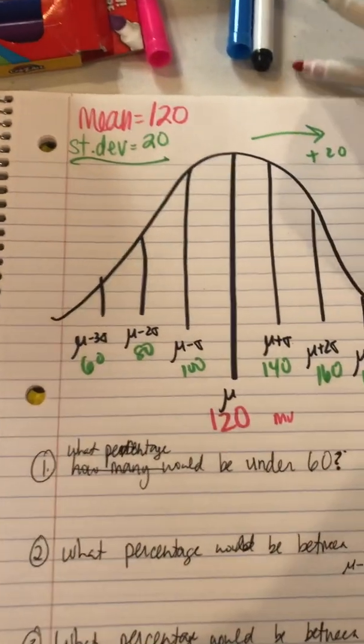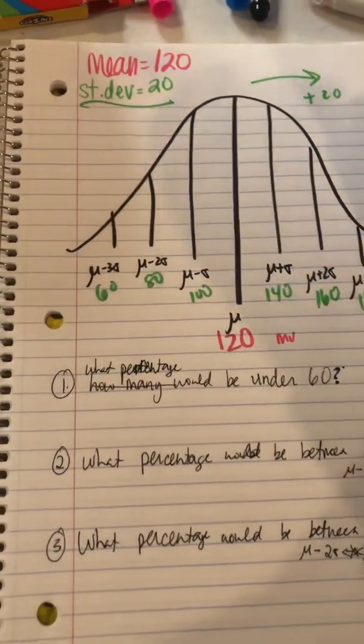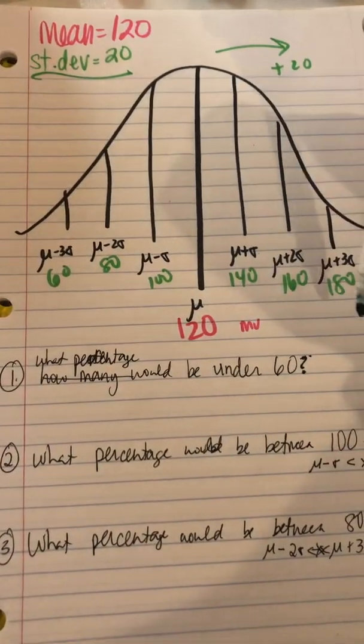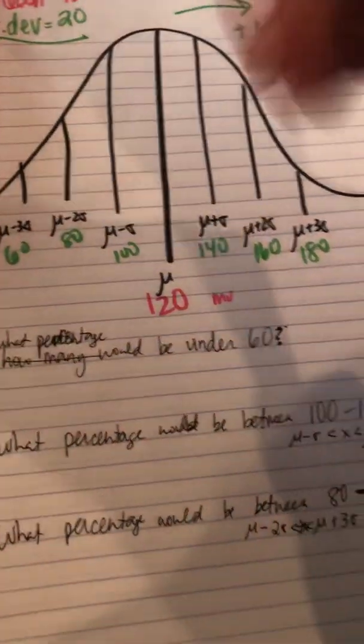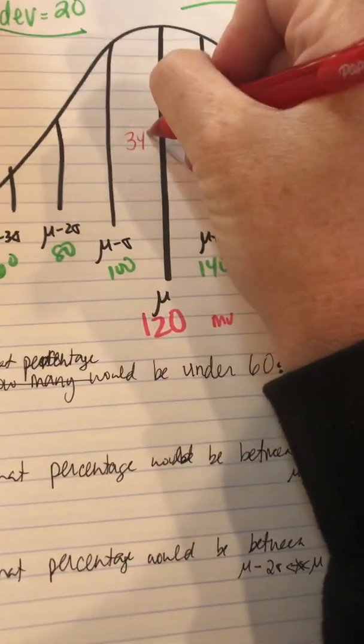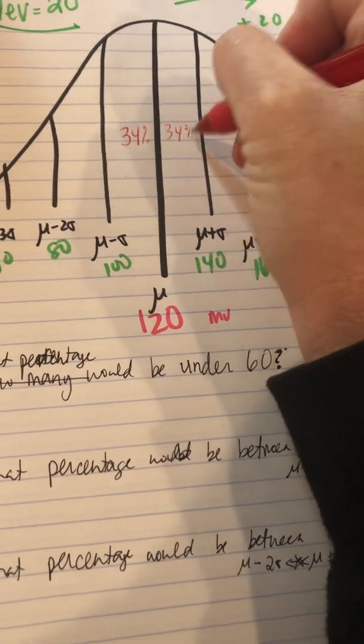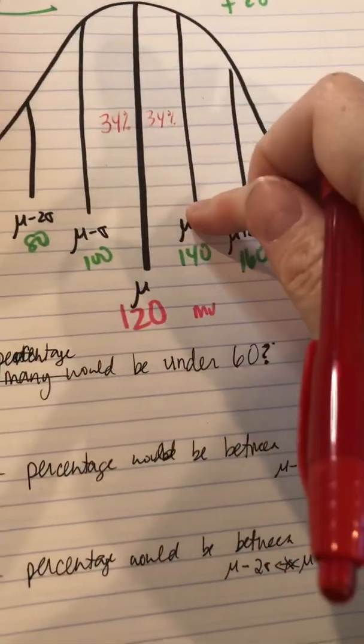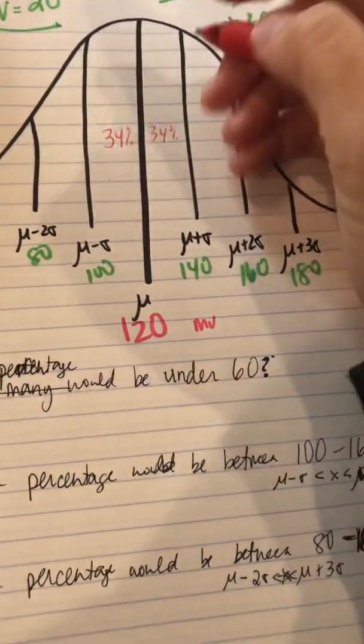And so it might be more of a question like this one where it says, what's the percentage that would be under 60? So again, I like to write in my percentages, right? This is 34% of the data. So if they're asking from just mean to 1 standard deviation, that's 34%.